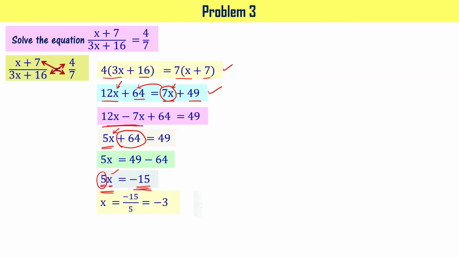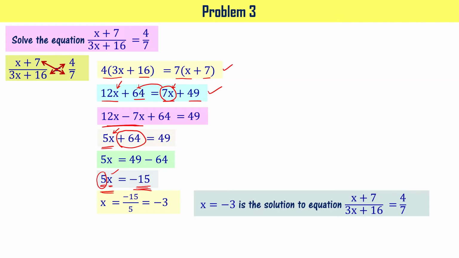So to answer the question, we can say that x equal to minus 3 is the solution to the given equation x plus 7 divided by 3x plus 16 equal to 4 by 7. What we have done, to first transform this into a linear equation, we have done cross multiplication, right?